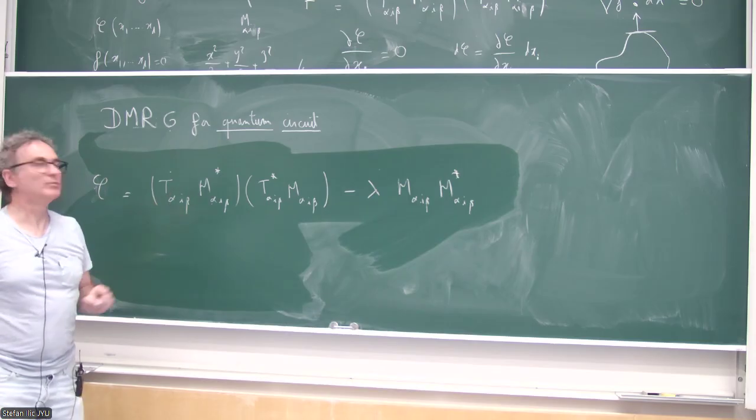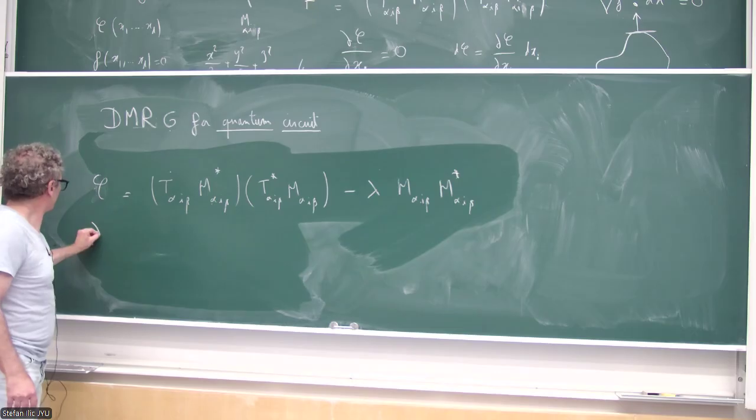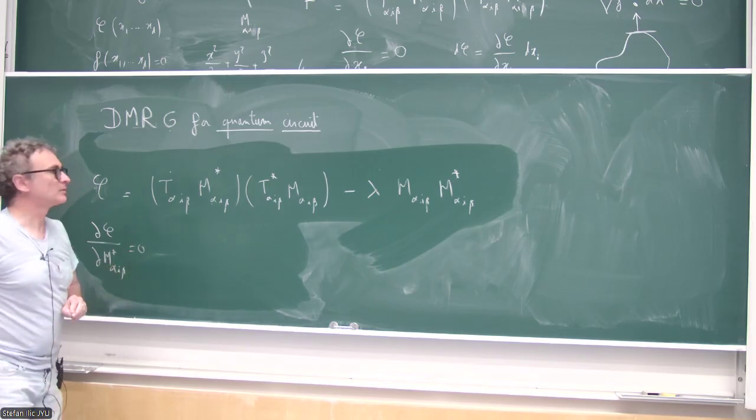So it's a quadratic form. I mean, we know how to minimize a quadratic form. So essentially, you want to take the derivative of C with respect to M alpha i beta star equals 0.